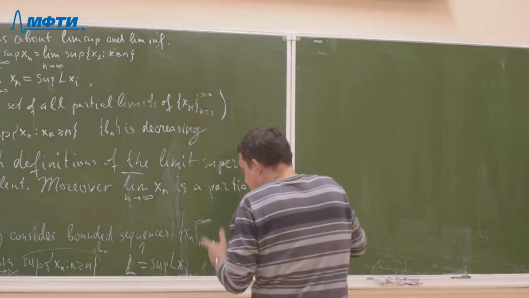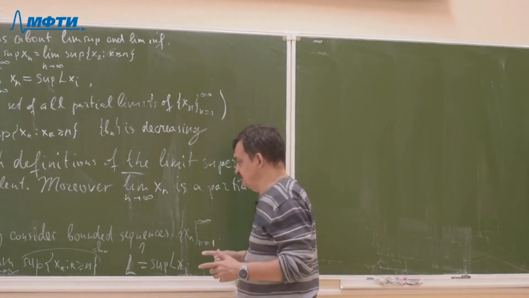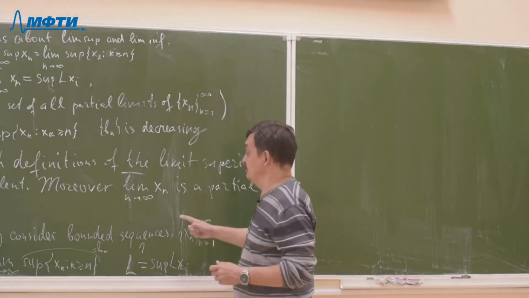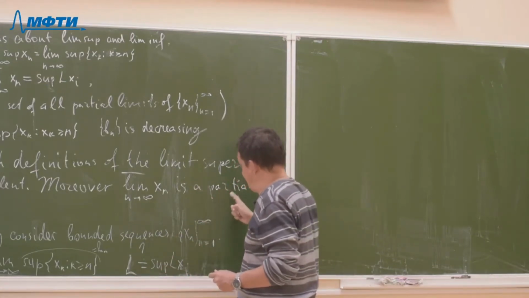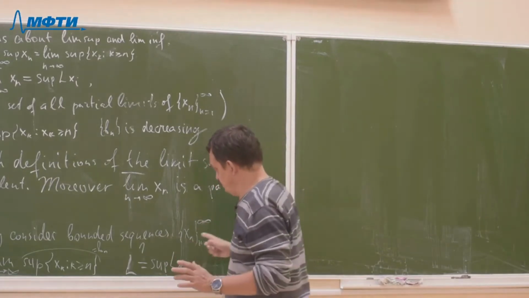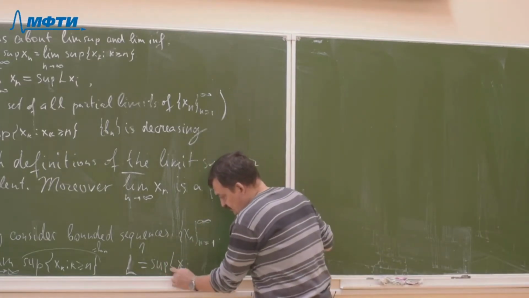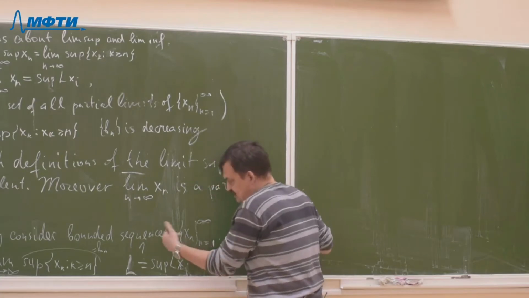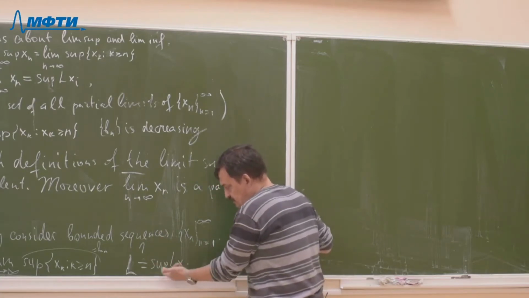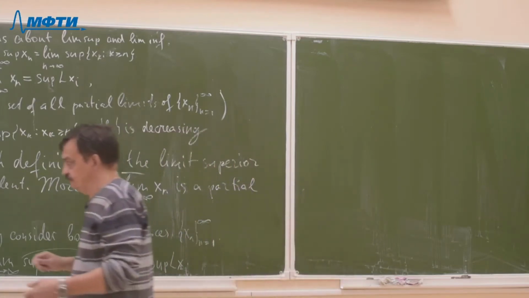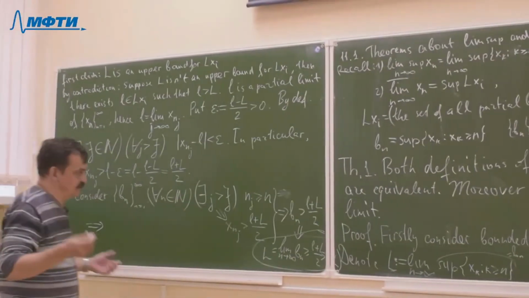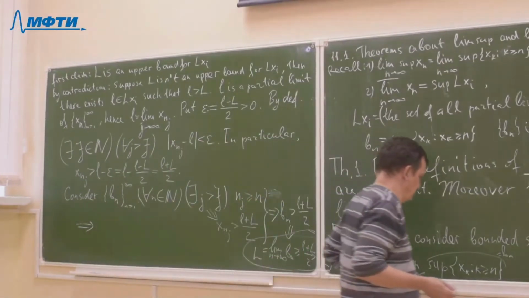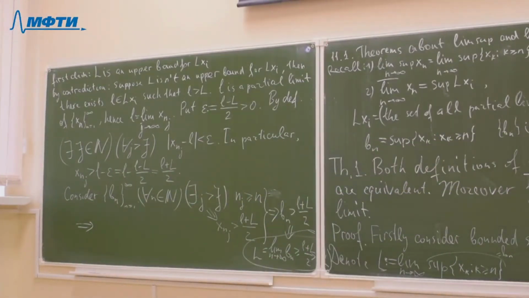So to finish the proof, it's sufficient to prove that capital L is indeed a partial limit, because what does it mean? L belongs to this set and it is an upper bound, hence L is the maximum, because we cannot find a larger number than L, which is an upper bound.